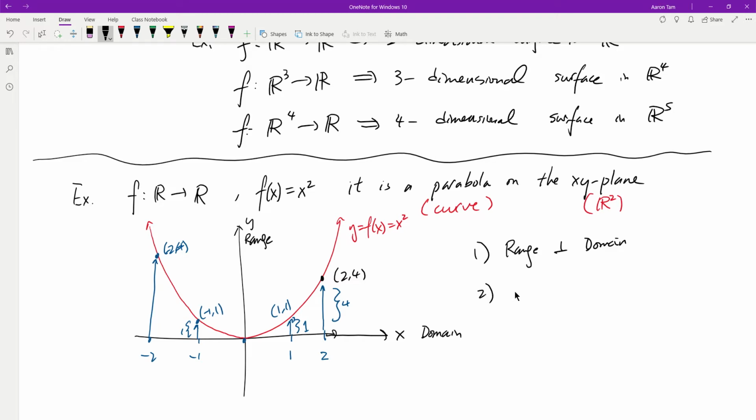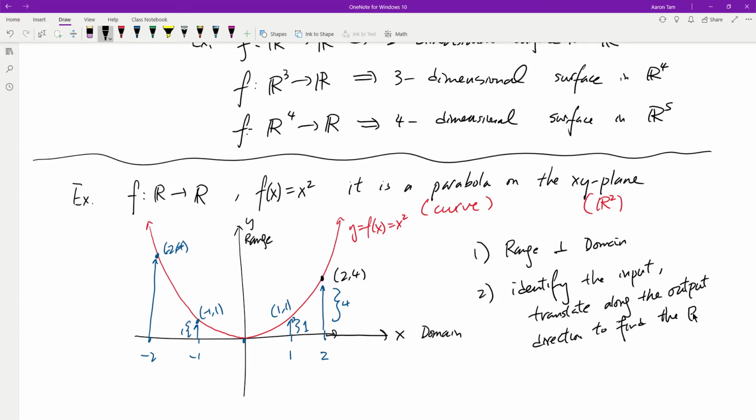Number 2, identify the input and then translate along the output direction to find the point that we need. So those are two basic concepts of how we draw a graph.